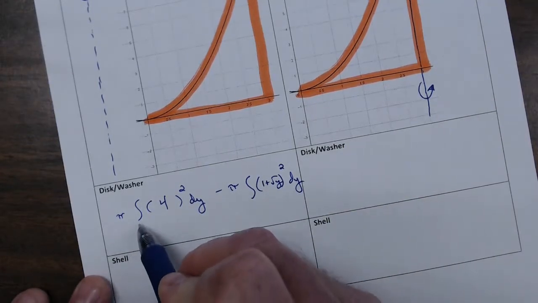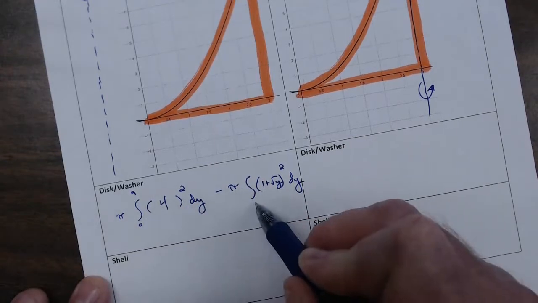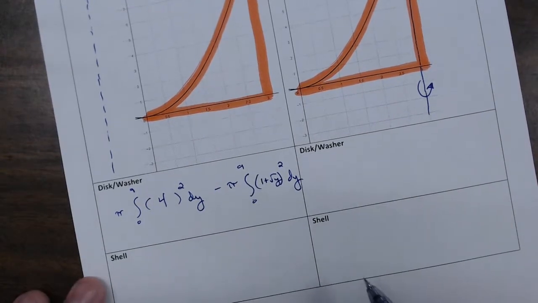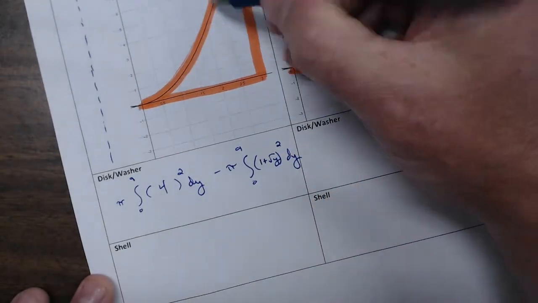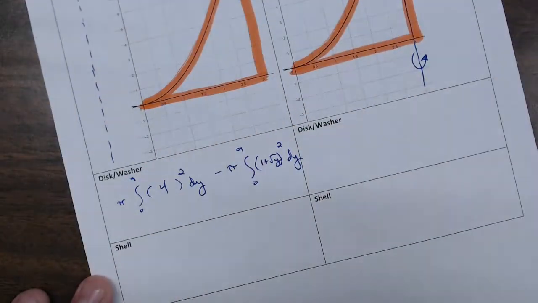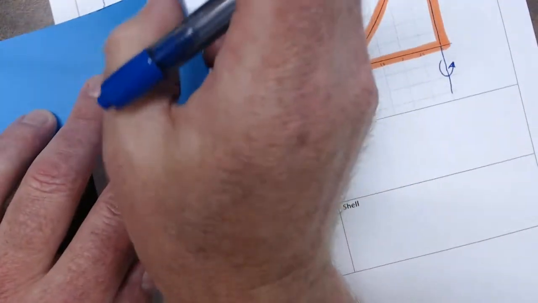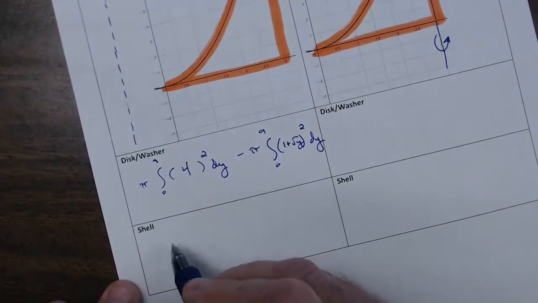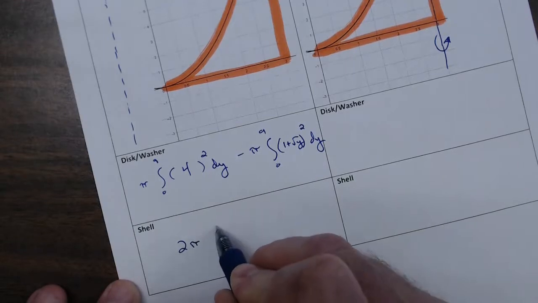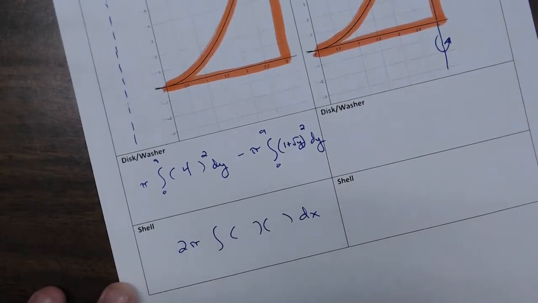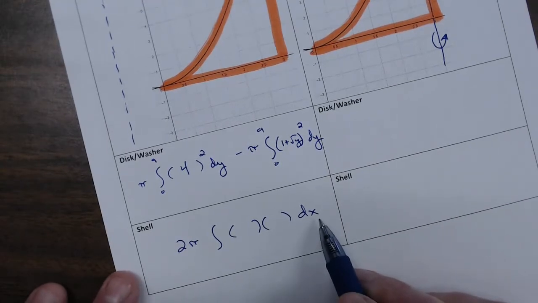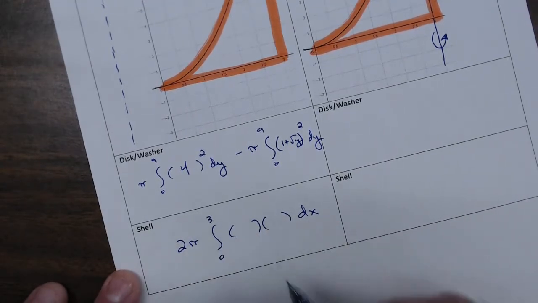And we're evaluating that over the interval 0 to 9. Okay, let's see. Shell method here. Let's set it up. Let's picture that shell being wrapped around, and that's a dx. So here we go, 2 pi r, the height and the thickness of each shell is an infinitesimally small value for x. And I'll put in the interval from 0 to 3.